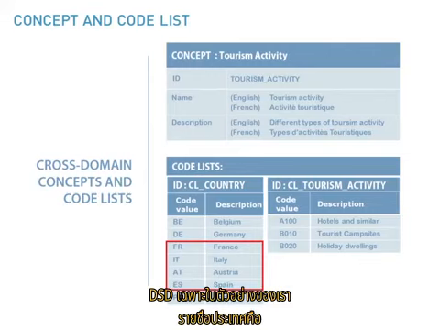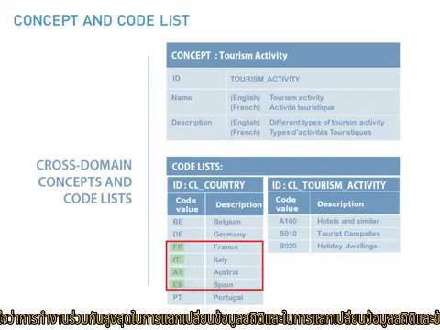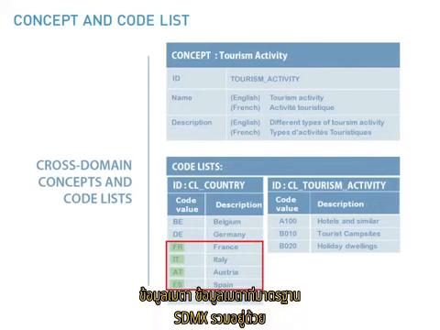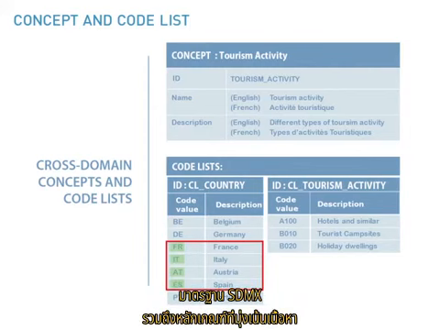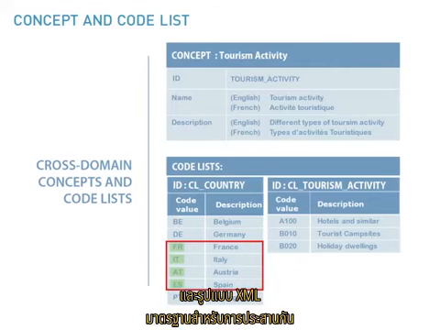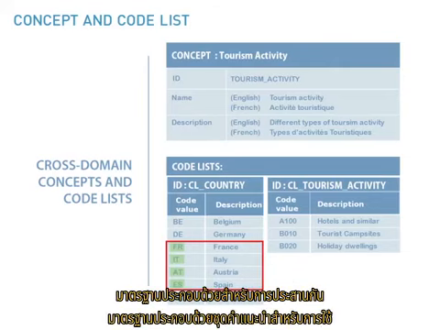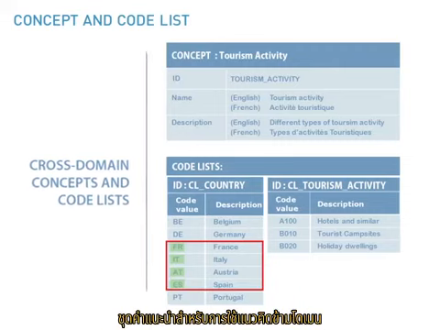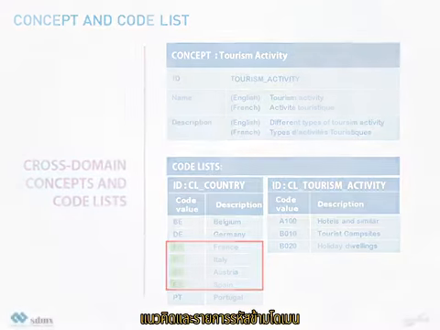In our example, the list of countries is limited to 4 codes. To ensure the maximum interoperability in the exchanges of statistical data and metadata, the SDMX standard includes content-oriented guidelines and a standard XML format. For harmonization, the standard comprises a set of recommendations for the use of cross-domain concepts and code lists.